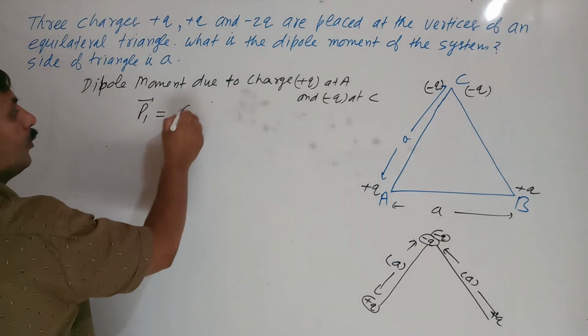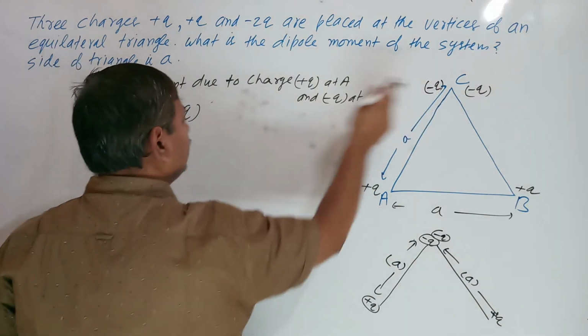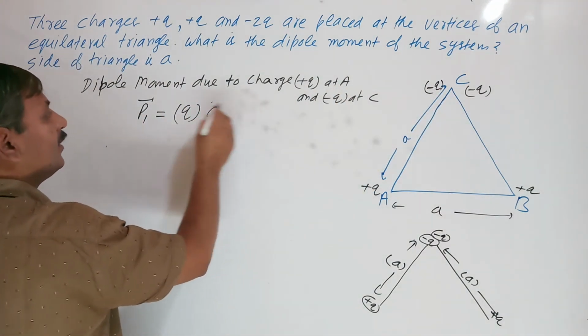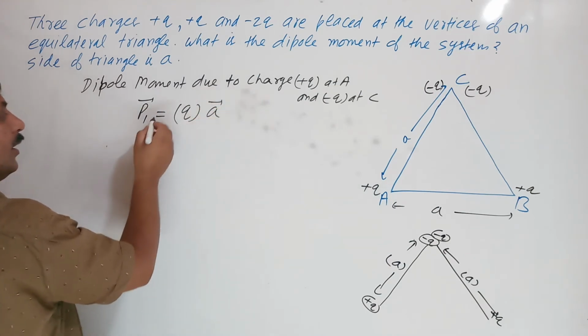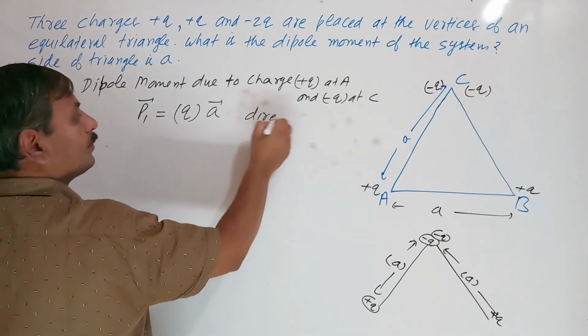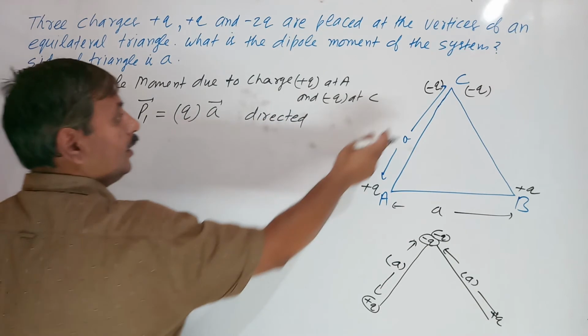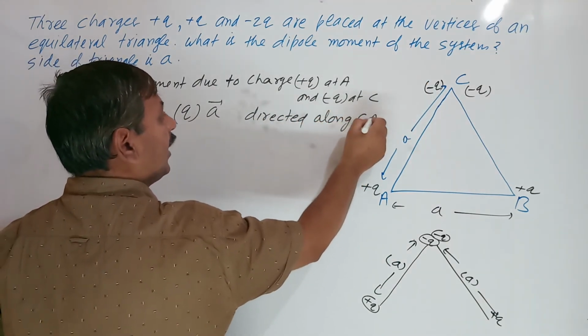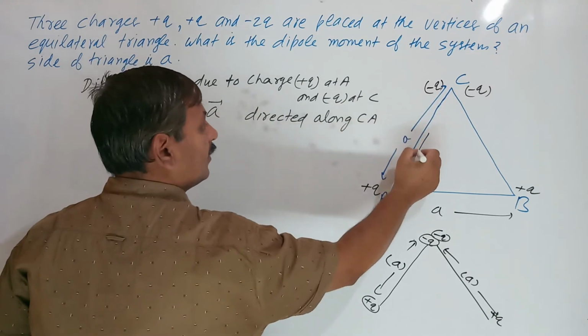So P1 is equal to Q into the distance between them, so this is QA, and the direction is directed along CA.